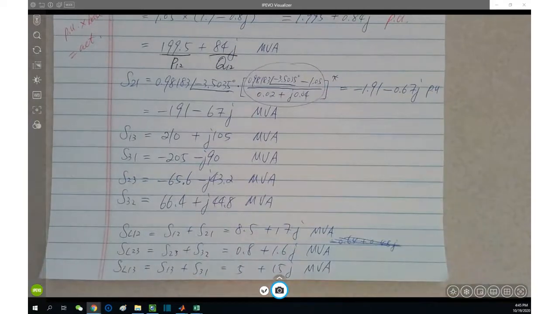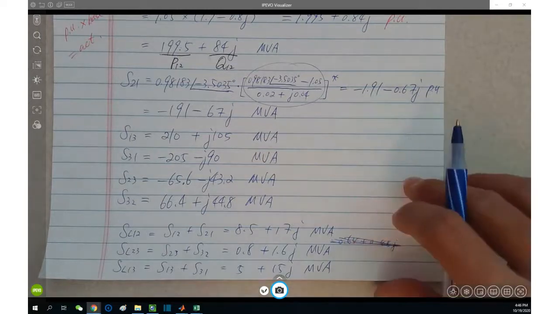And these are the power losses. That's straightforward, and then the rest of the thing is the bus power. Bus power.